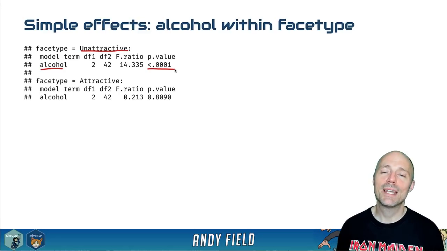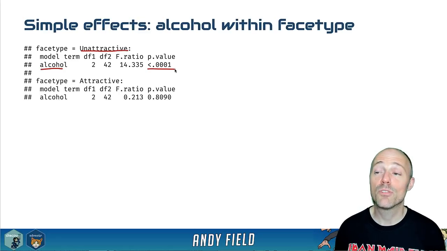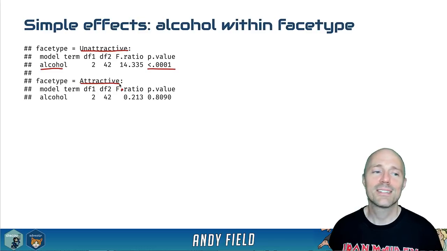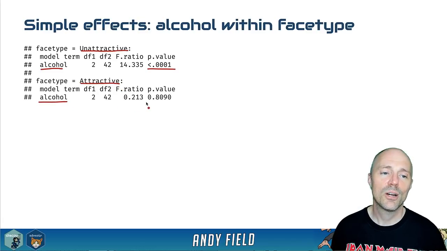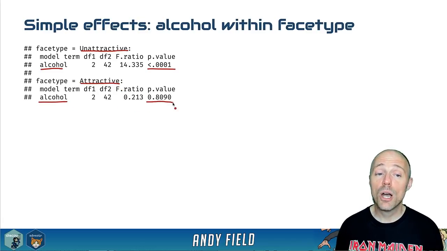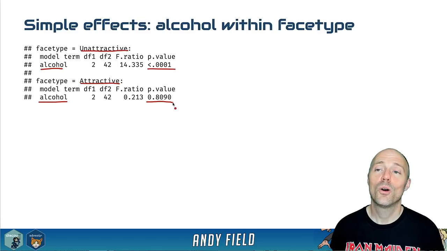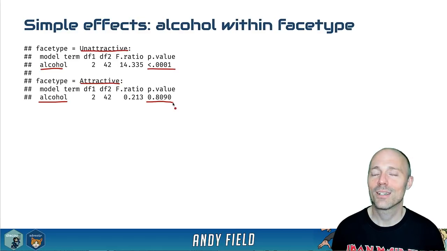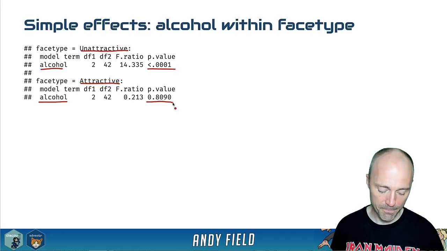So when you're rating asymmetric faces, your ratings are influenced by how much alcohol you've had. But when you're rating attractive faces or symmetric faces, the effect of alcohol is not significant. So alcohol only has an influence on the judgments of asymmetric or unattractive faces.